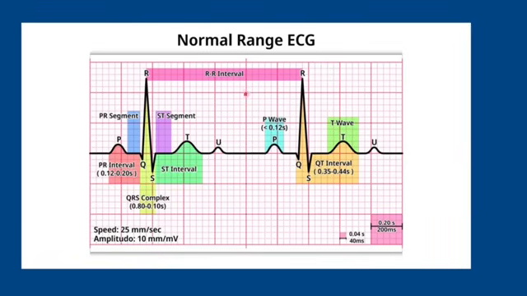We have also the QT interval, which is from the start of the Q wave to the end of the T wave. And usually we use the corrected QT interval because the QT could be affected by the heart rate. The speed of the ECG strip is 25 millimeters per second, and the amplitude of 1 millivolt gives a deflection of 10 millimeters, which is 2 big squares.